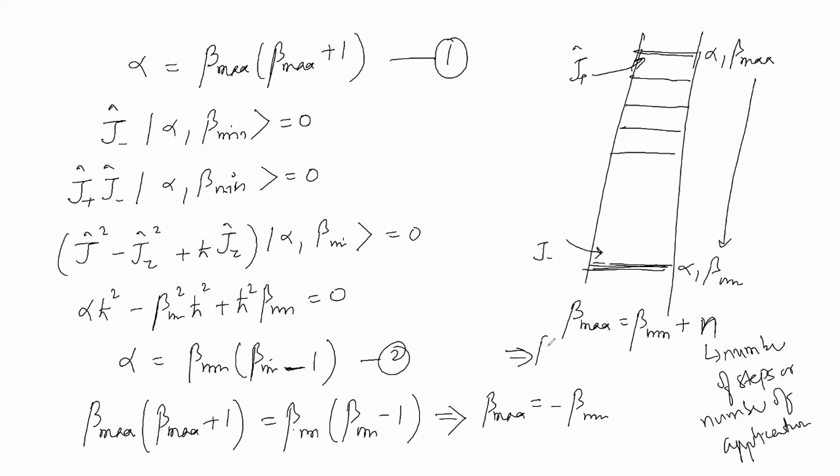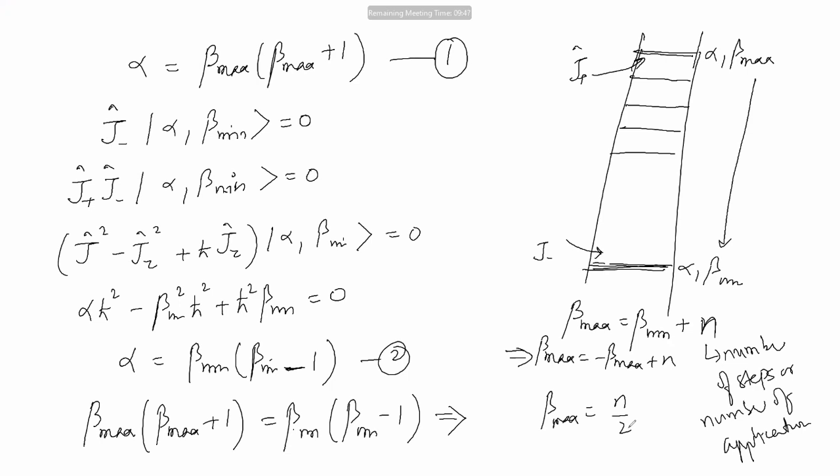This implies that if we write beta max is equal to minus of beta max plus n, this implies that beta max is n by 2. Beta max is n by 2, where n is an integer quantity.